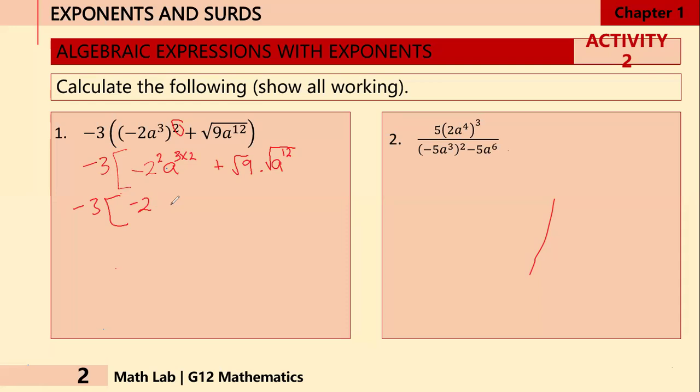I'm doing step by step for those who don't understand. So if you know it, please bear with me. All right, so it's going to be 2 to the power of 2. It's going to be 4a to the power of 6 plus square root of 9 is 3.